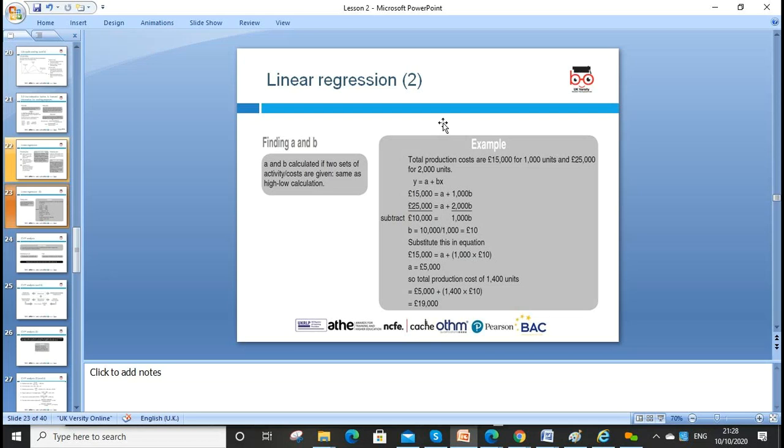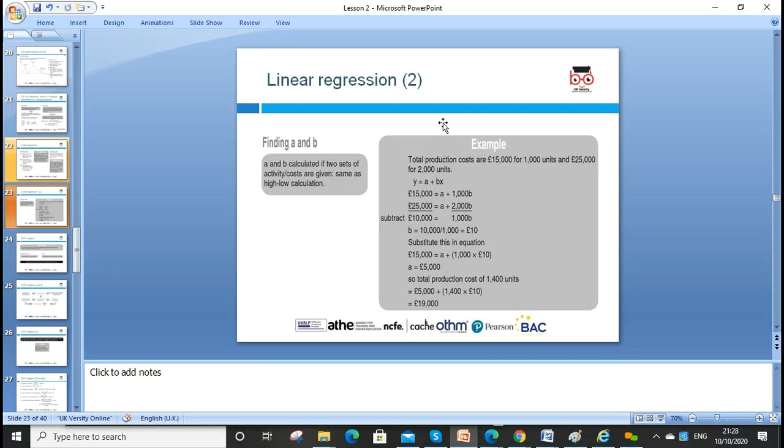So you take the difference, 15 and 25, the difference is 10. The difference in units is 1000. So B equals 10,000 divided by 1000, which is 10 pounds. Substitute into the equation: 15,000 equals A plus 1000 times 10. So A is equal to 5,000.